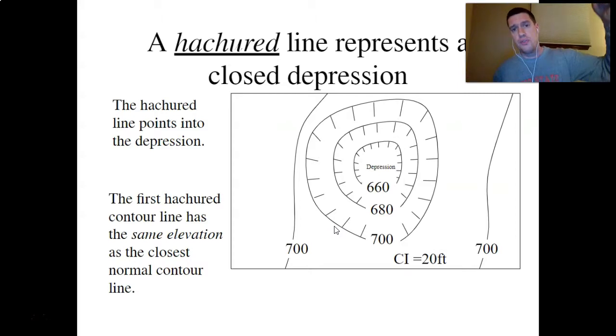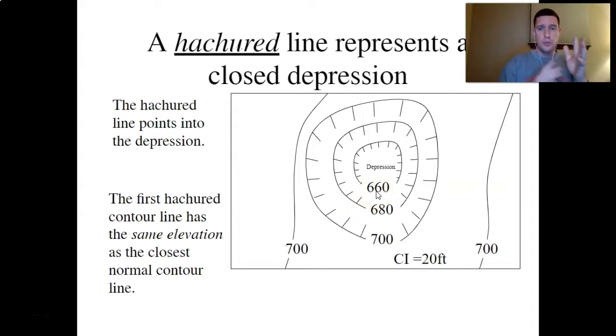The first 20-foot line downhill we get to is the 700-foot that we crossed coming uphill. We've hit the top. Now we're coming back downhill. We hit 700 again. And then 680. And then 660.